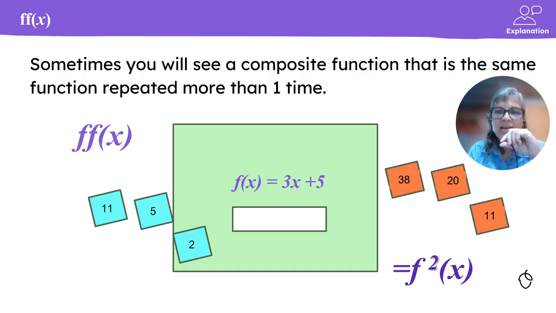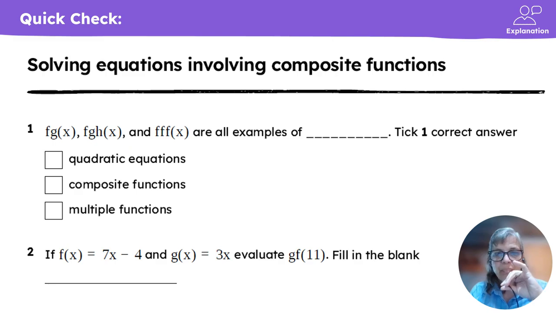Okay, let's take a minute and see if we understand what we've heard so far. Just look up at the screen, and there are 2 questions, and you're going to see if you can evaluate both questions and try to come up with an answer for them. One is fg of x, fgh of x, and fff of x are all examples of what?